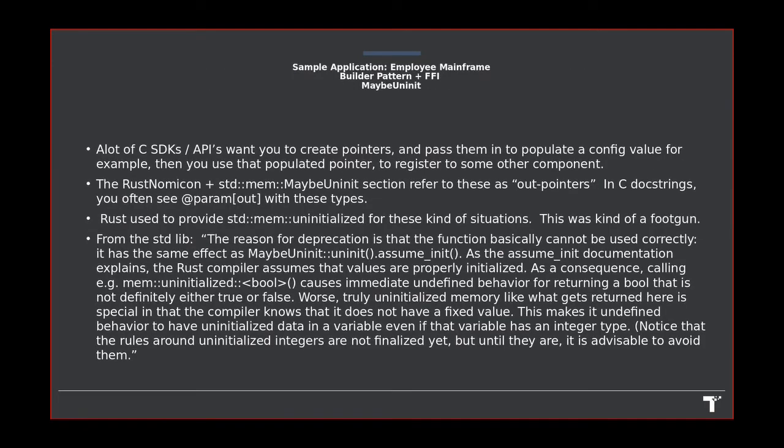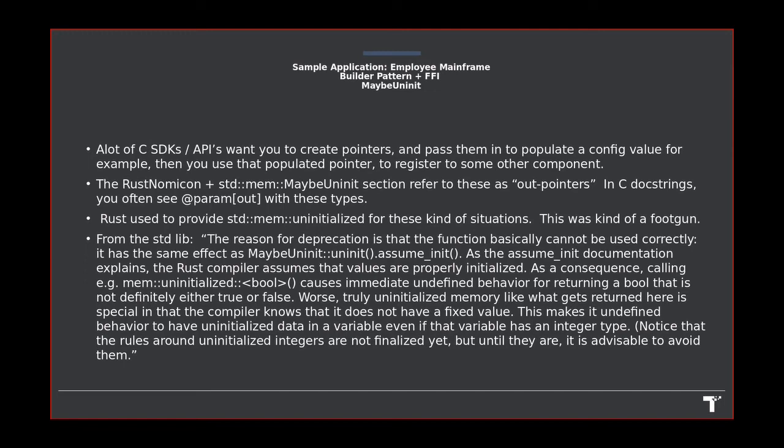Continuing on with that, a lot of the C SDKs and APIs want you to create pointers and pass them to populate a config value or to get a default value. You pass it into a function and the function will populate the pointer, then you register it with some other function call or component, right? In my experience, I've done this a lot with config values.